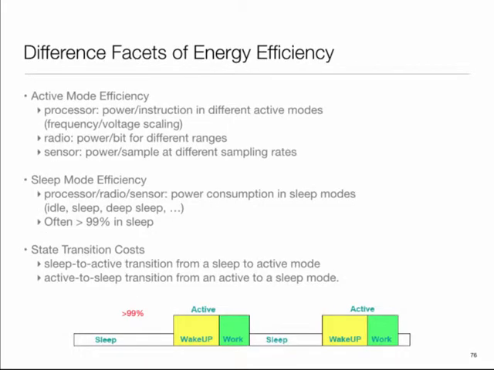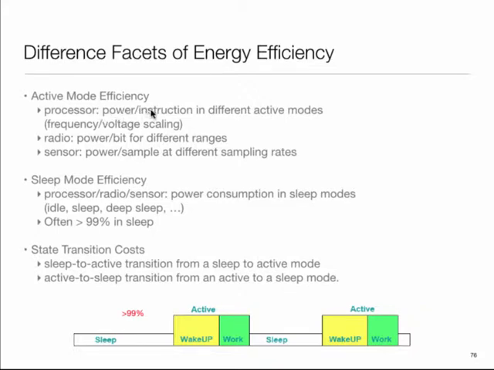So when comparing hardware or comparing systems, one has to look at efficiency in two different ways. One is active mode efficiency. What I mean by that is, when the system is running, how efficient it is.